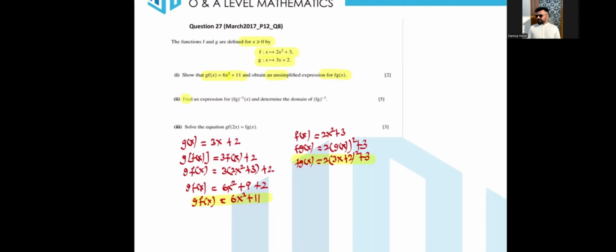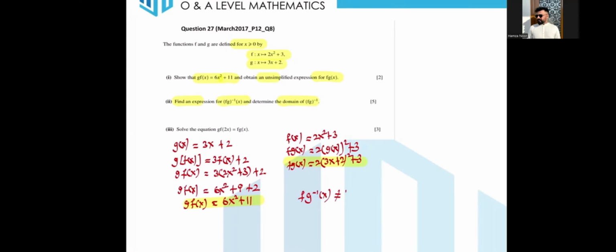Part 2 says to find an expression for the inverse of the fg(x) function, and we also need to find the domain of the inverse of fg. This is an inverse of the fg(x) function. The fg inverse of x is something else, and the inverse of the fg(x) function is something else.